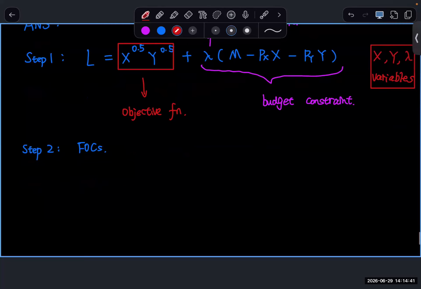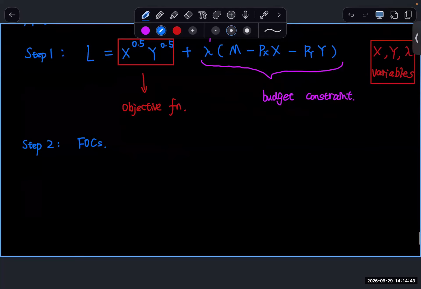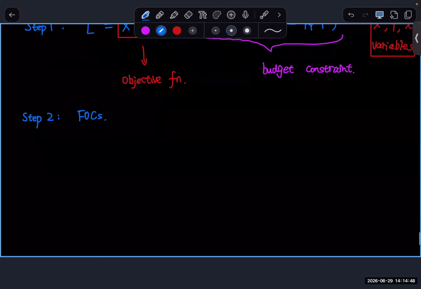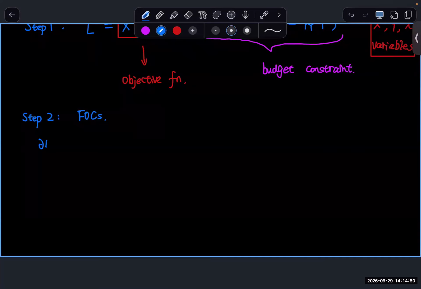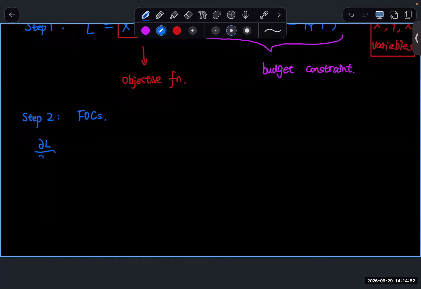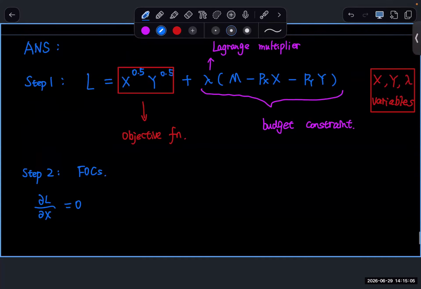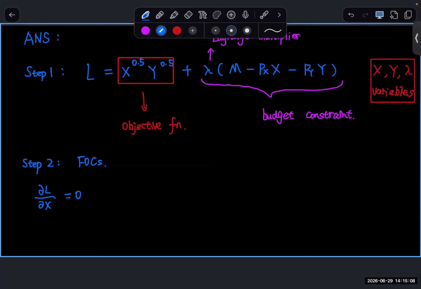So first, we take the partial derivative with respect to x, ∂L over ∂x, and then we set it equal to 0. What is ∂L over ∂x? It's like we take the derivative of this Lagrangian equation, right?